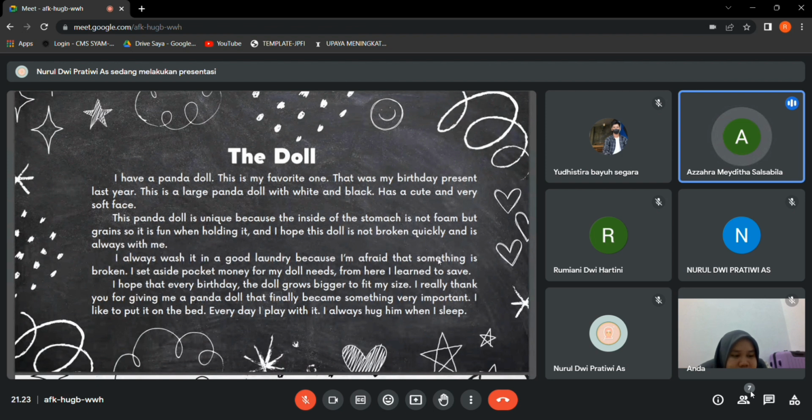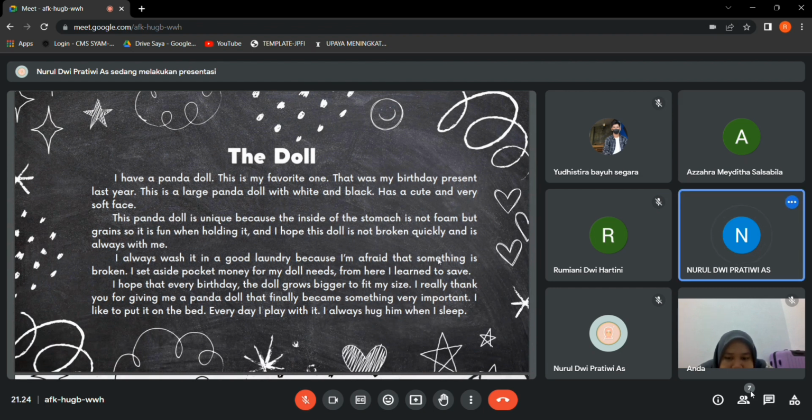Okay, and the last is the action verb. The action verbs: grows, learn, need, heart, and payment. Yes, that's correct. Okay, thank you for your response.